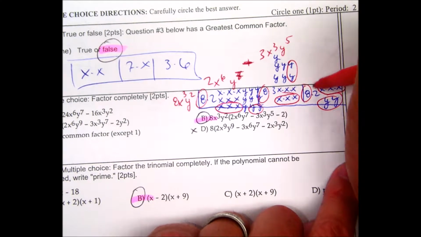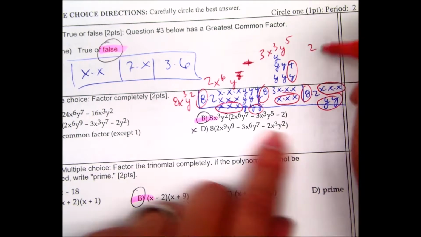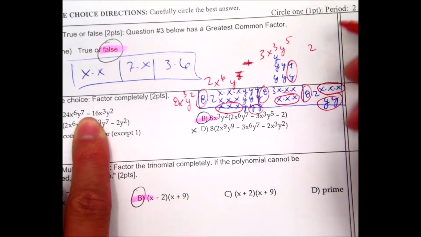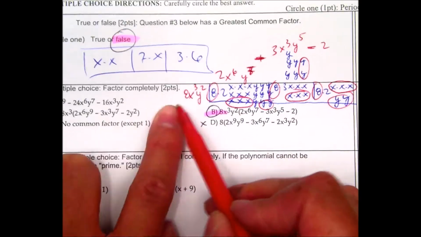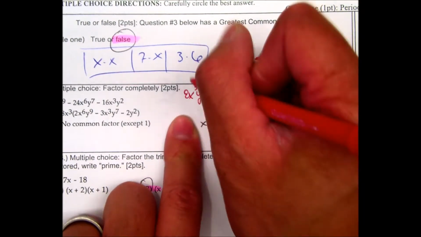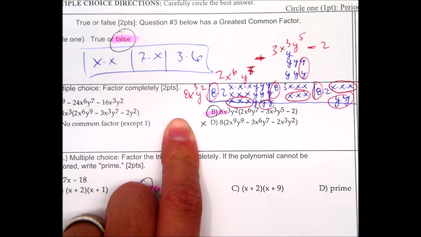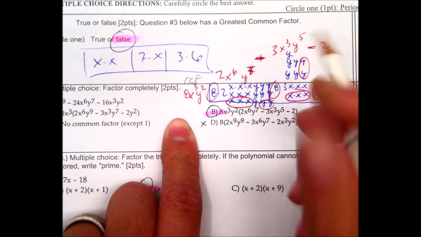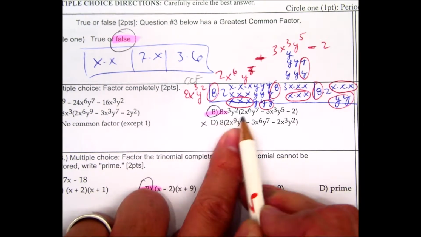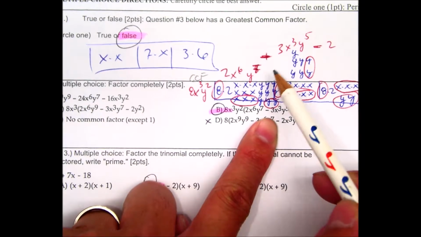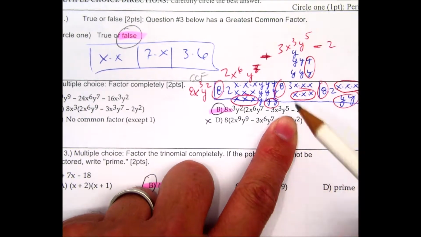And then over here, I have the 2 that's not circled. And that 2 is separated by the minus sign. So 8x to the third, y to the second, this is your greatest common factor. And that would be choice B, double check, 2x to the 6th, y to the 7th, minus 3x to the third, y to the 5th, minus 2.